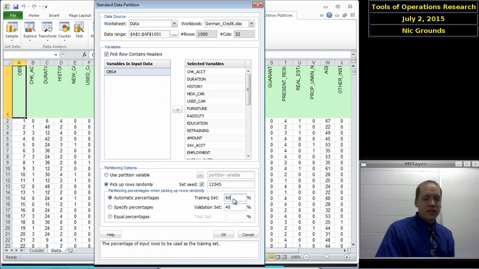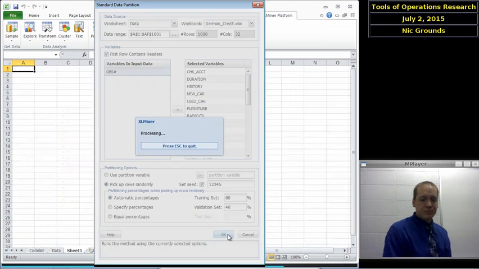It theoretically could depend on how many records you have total. It could depend on prior knowledge about whether or not some patterns would exist in subsets of data or whatever. In this case, we're going to just always take the defaults, and it's just going to randomly put 60% of these 1,000 records in one set and the other 40% in the other set. So I'm just going to say OK.